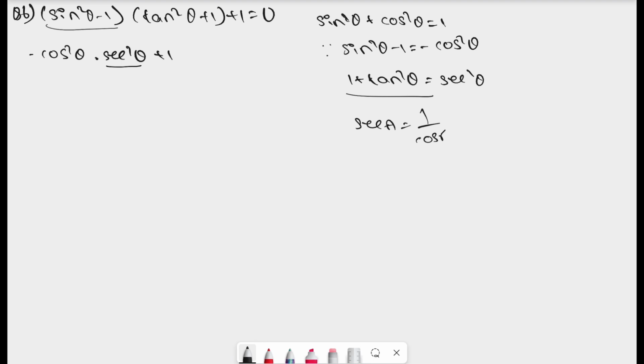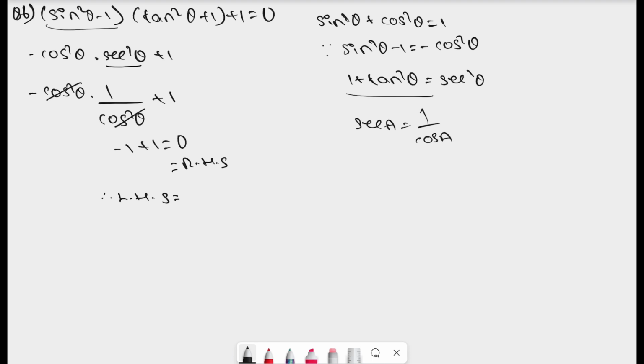The secant can be written as 1 by cos. So we'll write secant square theta as 1 by cos square theta, plus 1. This cos square and cos square get cancelled. Minus 1 plus 1 is equal to 0. This is our RHS we need to prove. Therefore, LHS is equal to RHS.